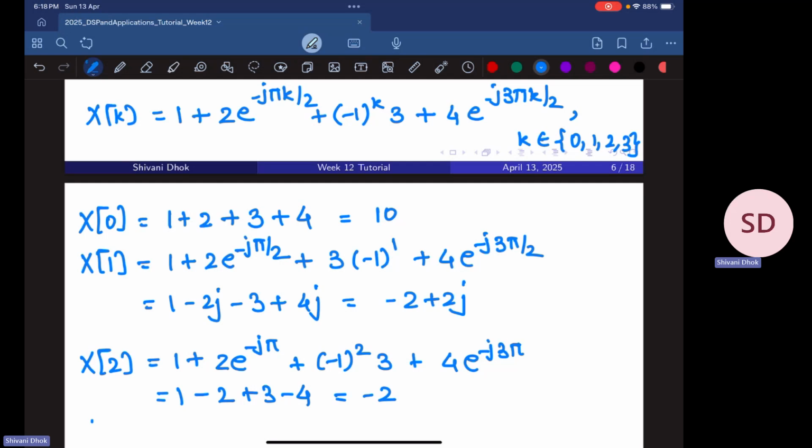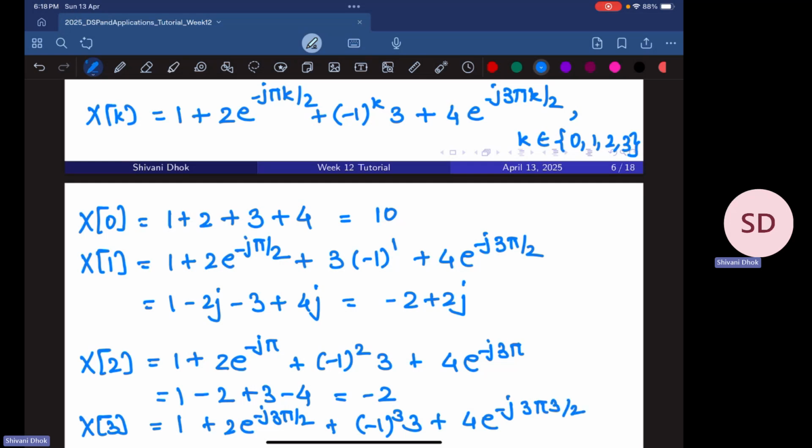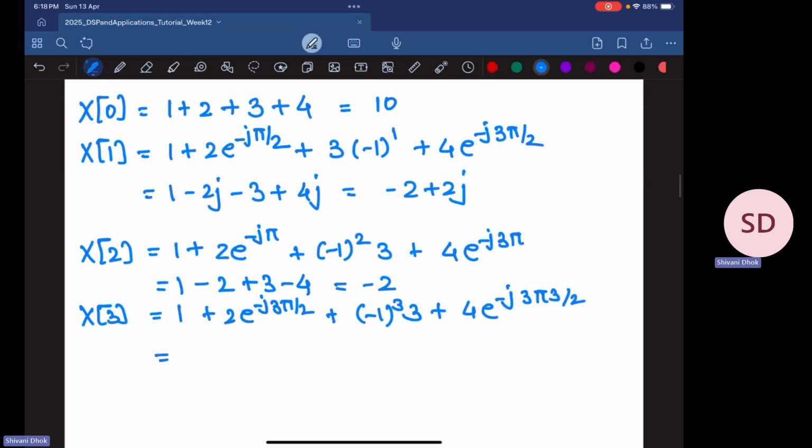And finally, we have capital X of 3 as 1 plus 2 into e power minus j 3 pi by 2 plus minus 1 to the power 3 into 3 plus 4 into e power minus j 3 pi 3 by 2. And when we simplify this comes out to be equal to 1 plus 2j minus 3 minus 4j.